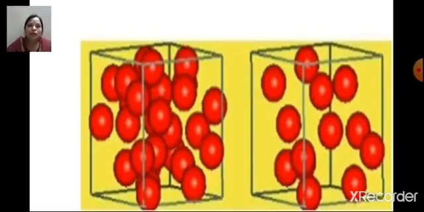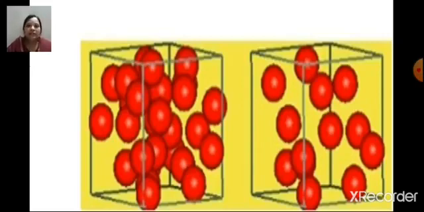Now, what comes to your mind when you see this picture? Do you remember something? Yes, arrangement of molecules. We have studied it in standard 4 in lesson number 4, matter, right? This shows the arrangement of molecules in different matter like solid and liquid, okay?